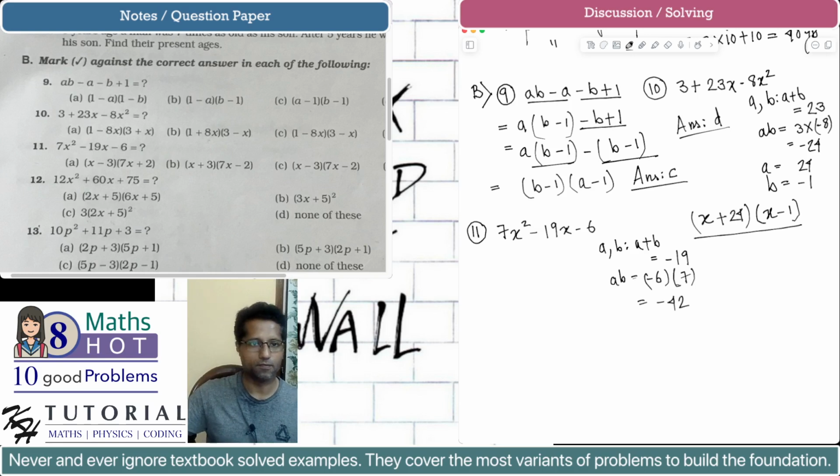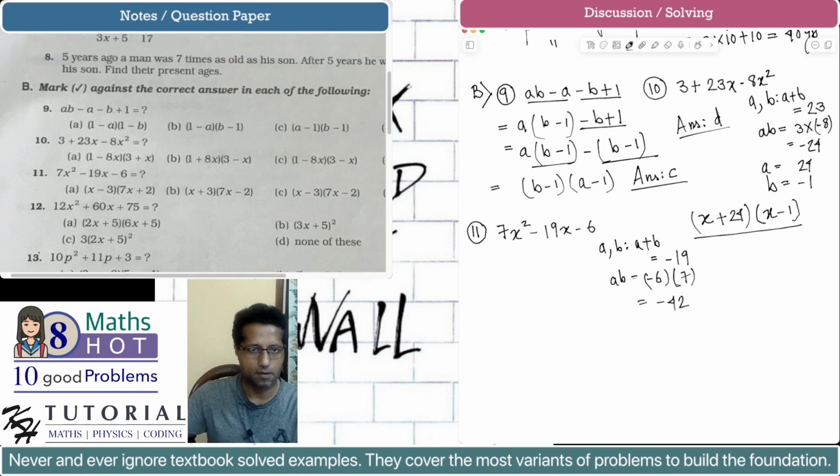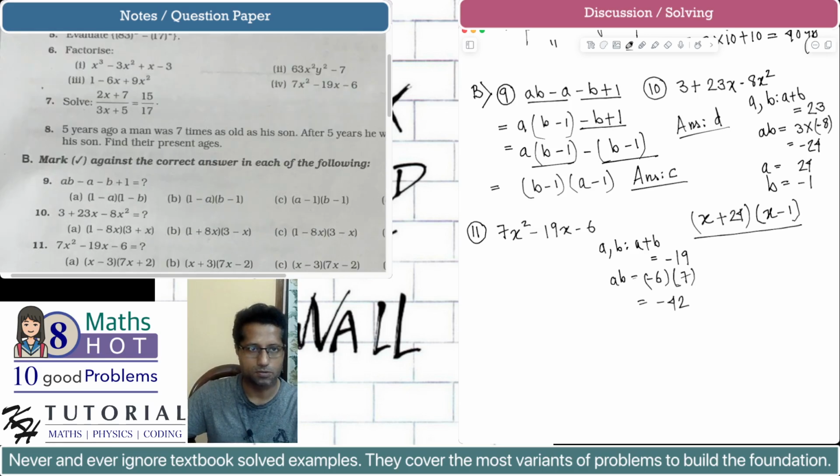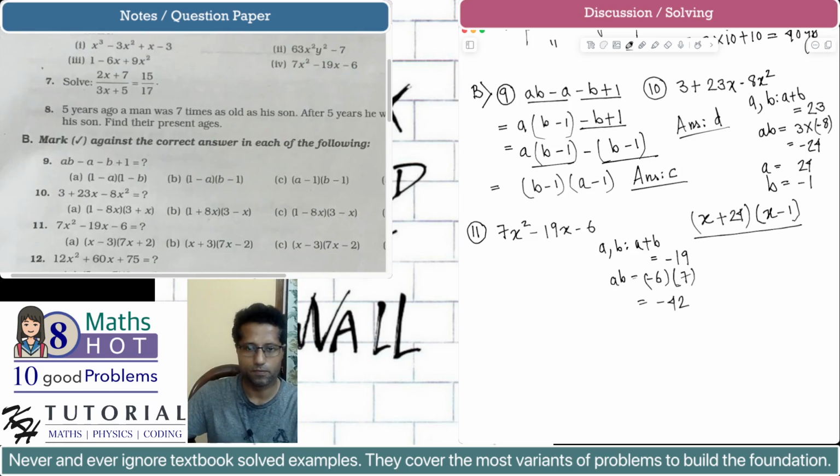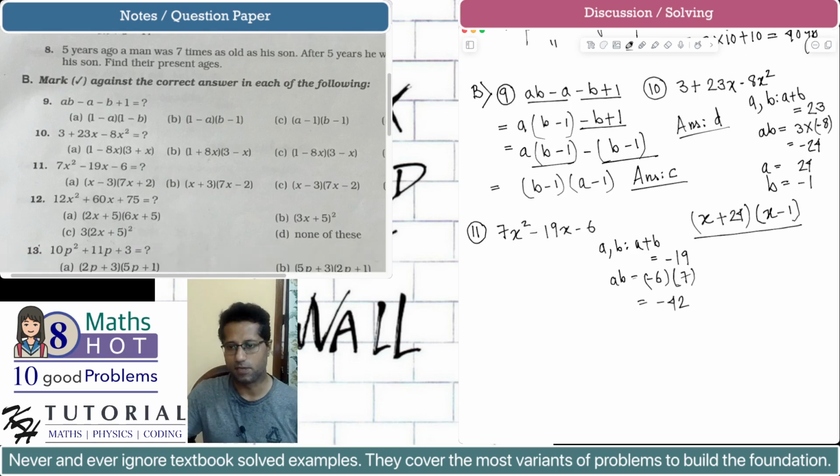And I think we have already done this problem earlier. Problem number 6 part 4, we have already done this. Okay, let's do it again. What can be the values of A and B such that A plus B is equal to minus 19 and AB equals minus 42? You have to create factors of minus 42 and check whether their sum is minus 19 or not.